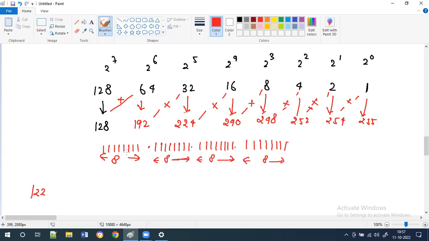Now /22. /22 means, see, till here you have 24, 32, 16 and 8. /22 comes between these guys.